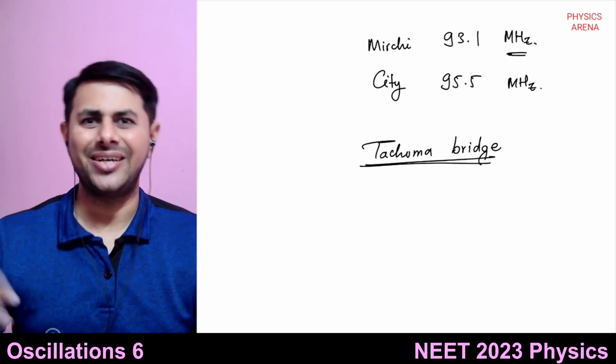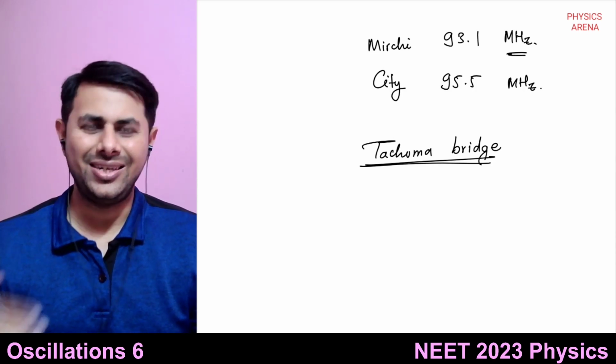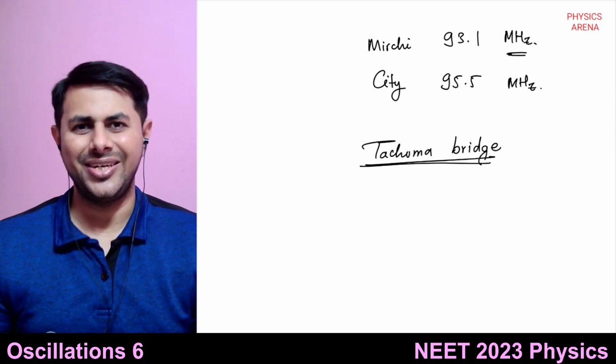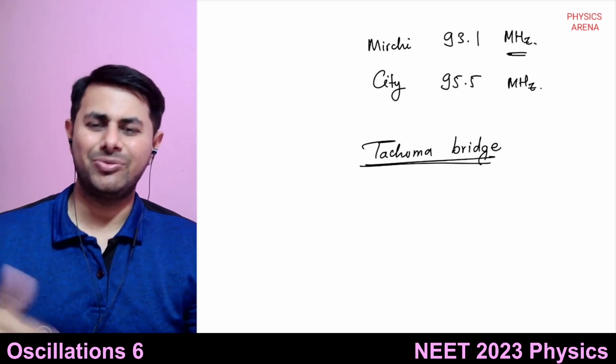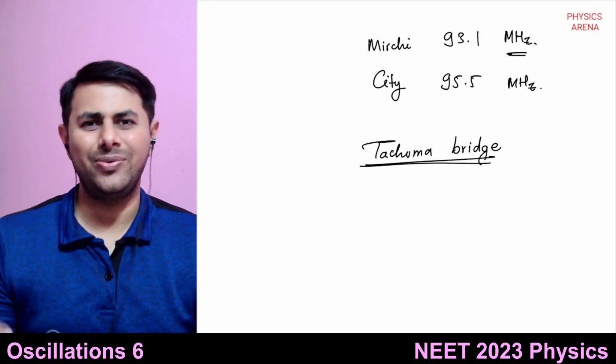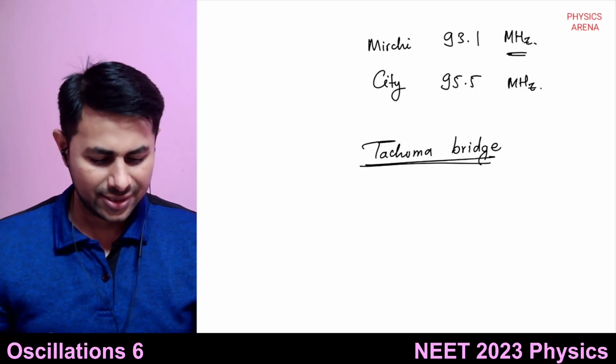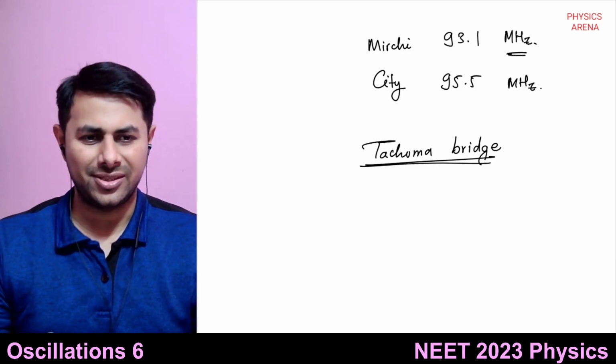This is a very rare thing to happen, but it might happen that the frequency of cheering matches the frequency of oscillation of the roof, so the roof might collapse. These are some examples of resonance.